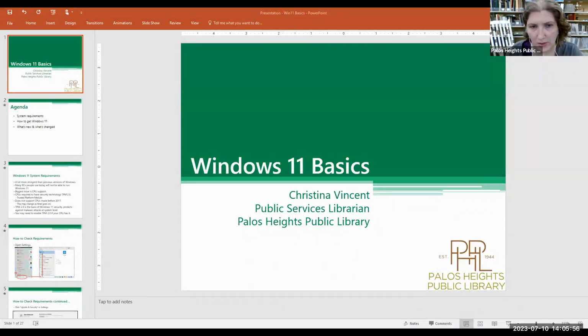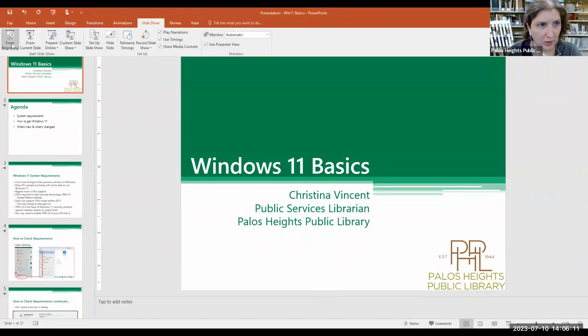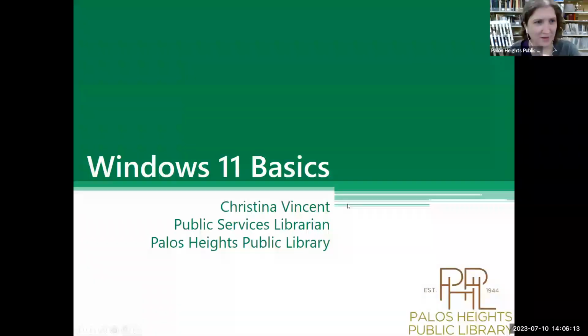So let's get started on Windows 11 Basics. You should be able to see there is a PowerPoint presentation, so hopefully you'll be able to see that. If you don't see that, let me know. That means something's gone wrong. Here we go.